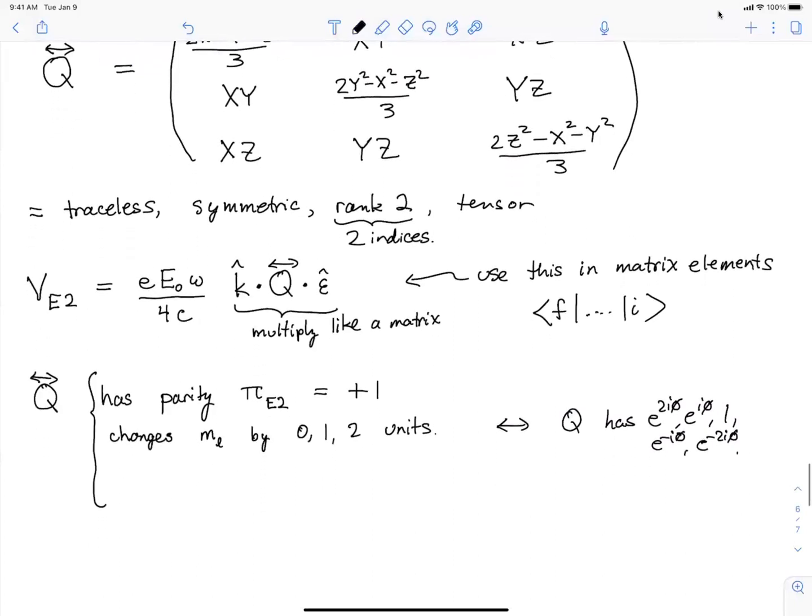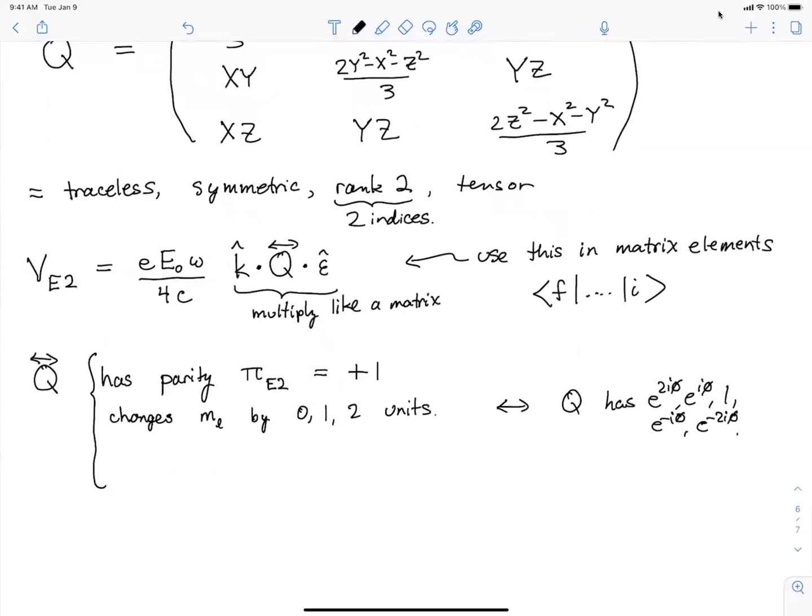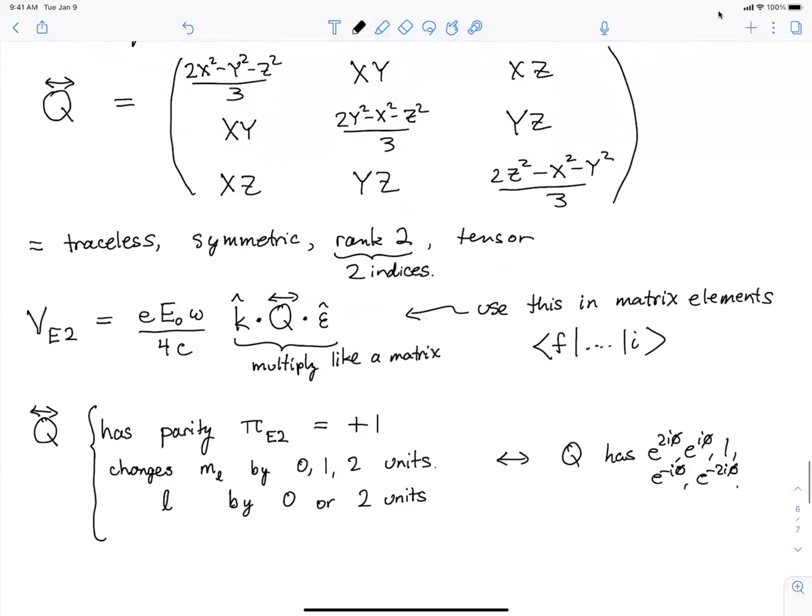So you can only change M sub L by 0, 1, or 2 units, and then you can convince yourself that similarly, you can only change L itself by 0 or 2 units. One way of thinking about that is each coordinate basically changes the orbital angular momentum by 1 unit.